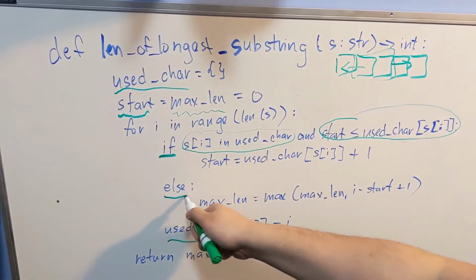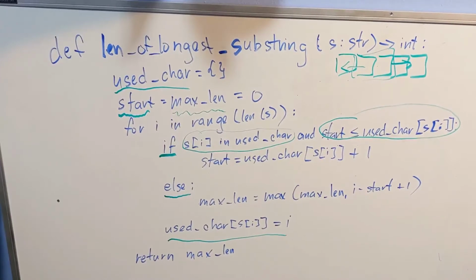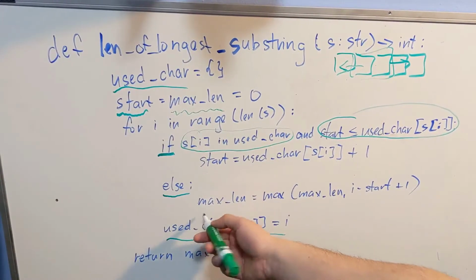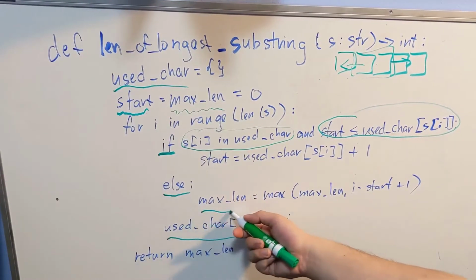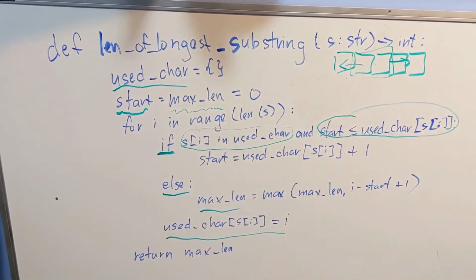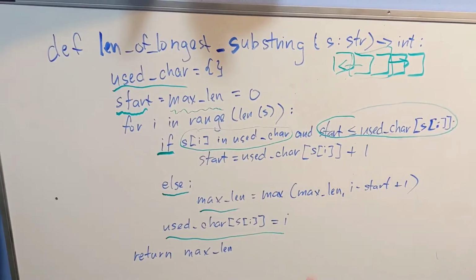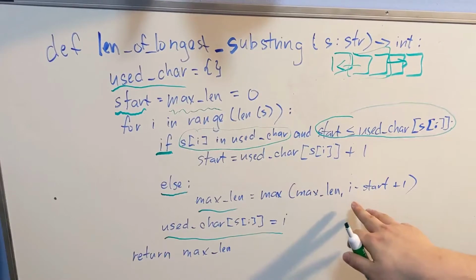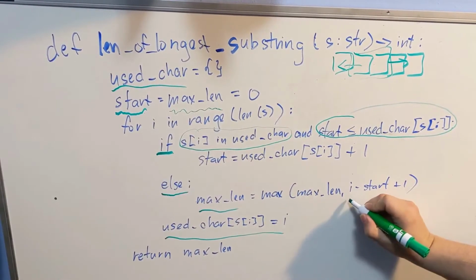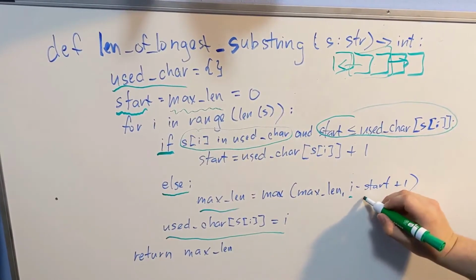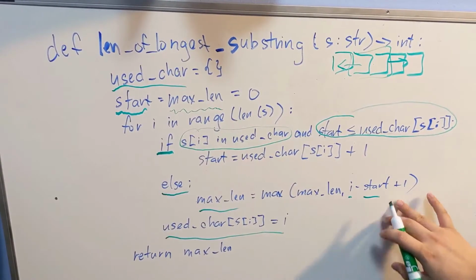Else, if the character does not exist as a key in the dictionary, we'll try to update our maximum length, and we'll be using a helper function max, to check whether max length is less than i, meaning your current position in the list, minus the start, and +1.